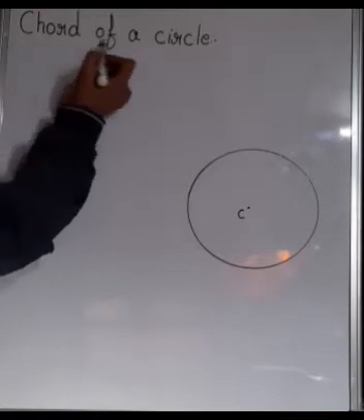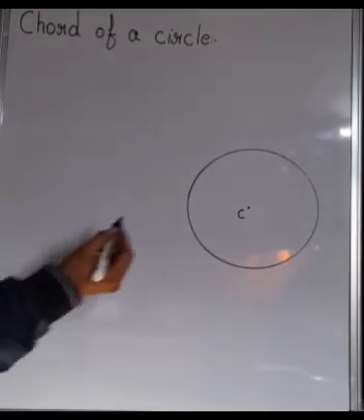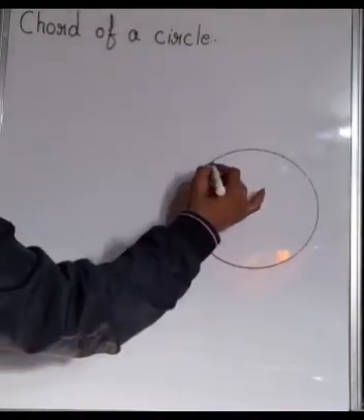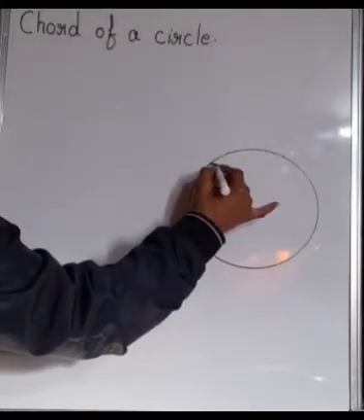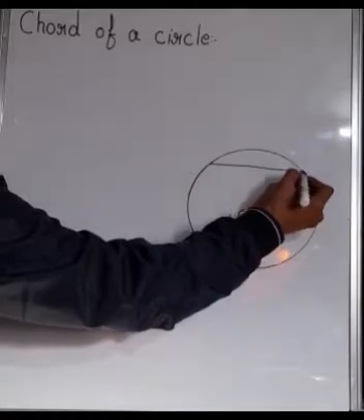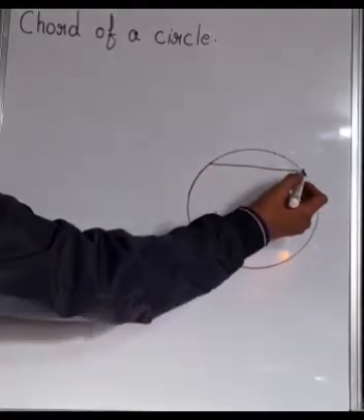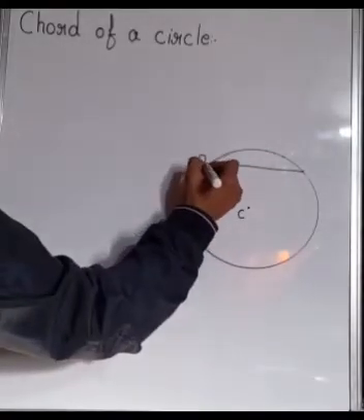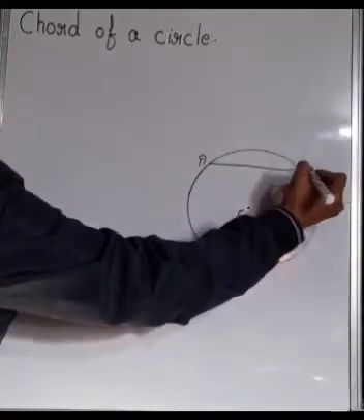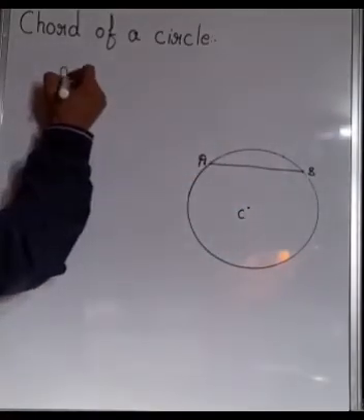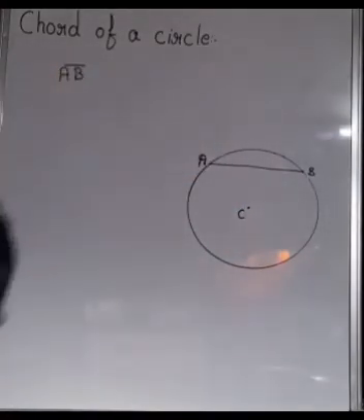Next we are having the chord of a circle. So what is your chord? I have drawn a circle over here. A line segment joining any 2 points of a circle is known as its chord. Here we are having one point, another point is here. So if I have drawn a line segment which is joining a point A and B, here AB is a chord.